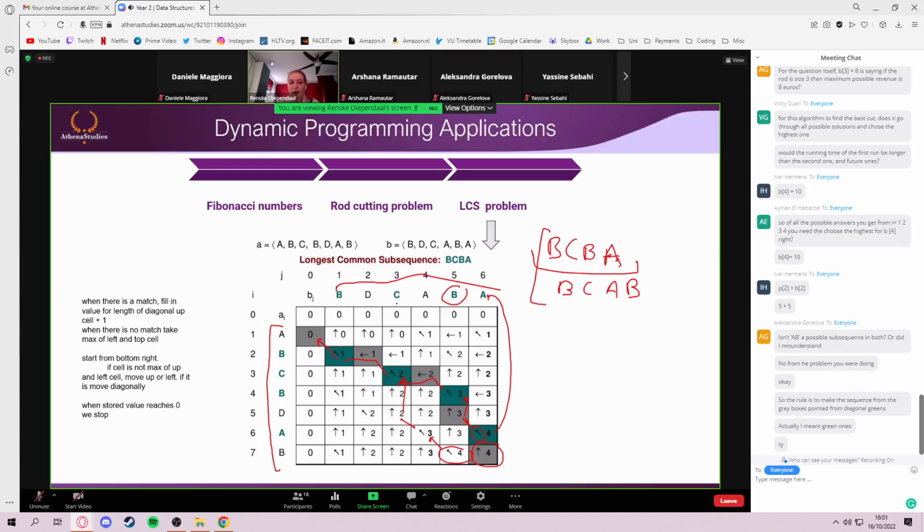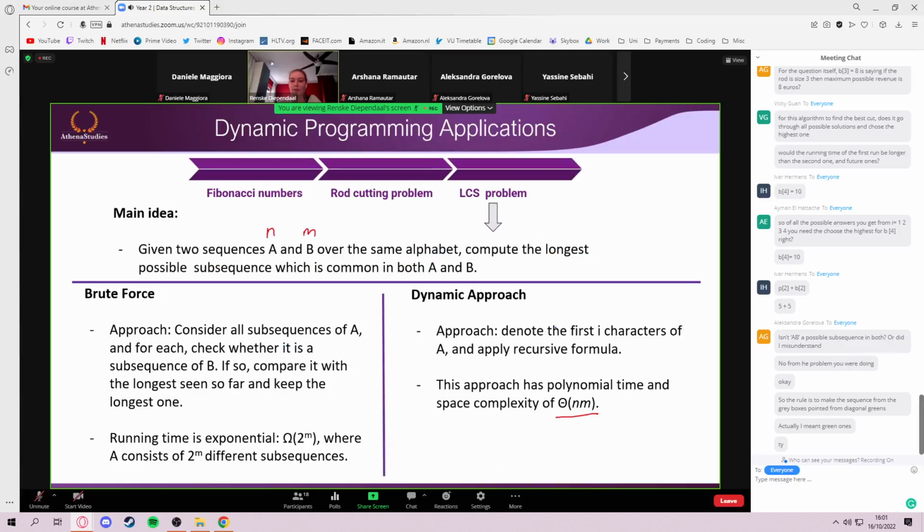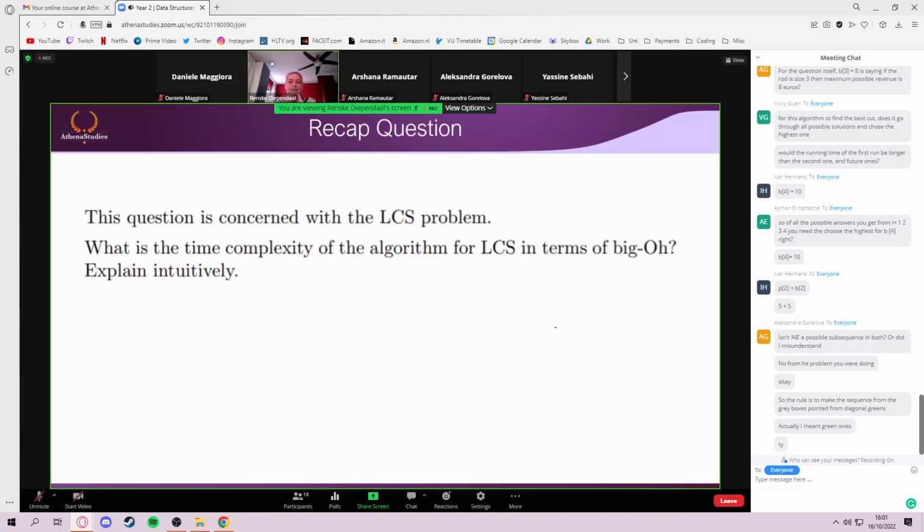Well, technically n plus 1 and m plus 1, but you just need to fill a table of n times m. So that's for the space complexity. And basically all you need to do is calculate one value for each of these little squares. So that's why your time complexity is also n times m. I hope that makes sense.